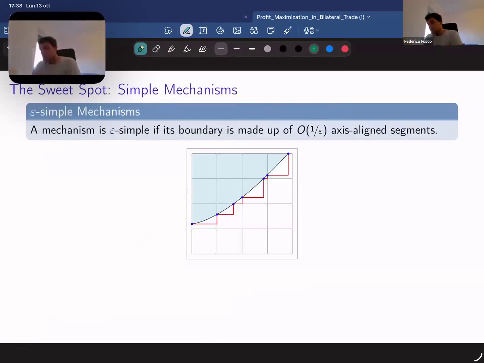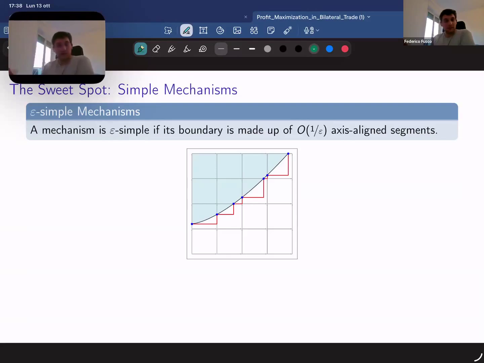What is our approach? Well, our approach is to find a class of mechanisms that is the sweet spot between complexity and approximation. And this is the class of epsilon-simple mechanisms, which are defined as follows. A mechanism is epsilon-simple if its boundary is made up of order of 1 over epsilon axis-aligned segments.